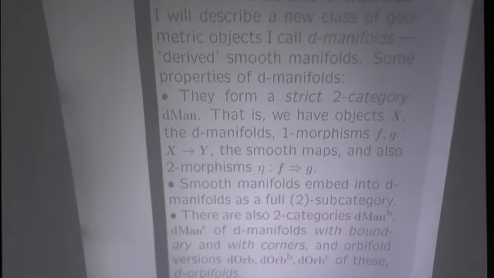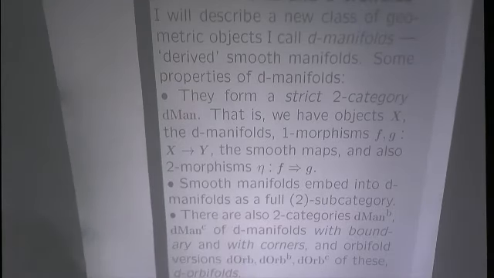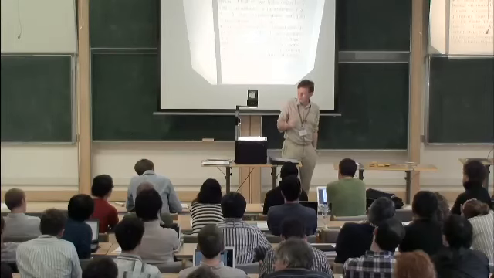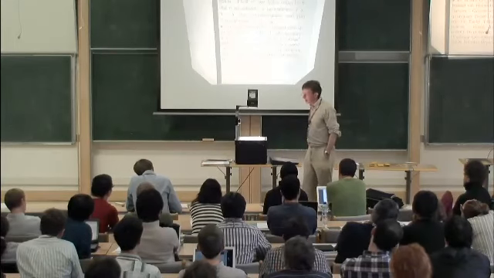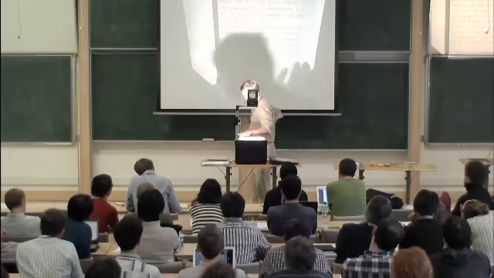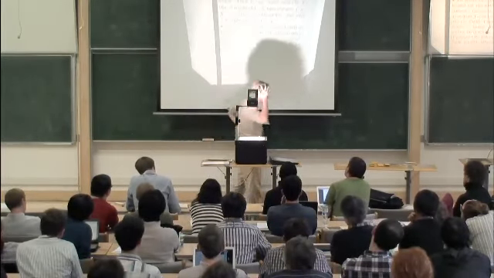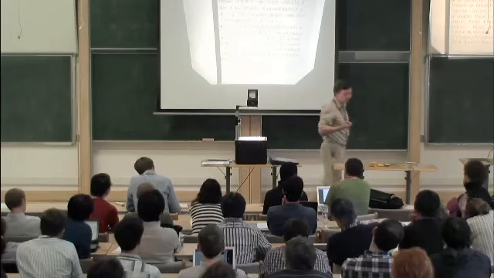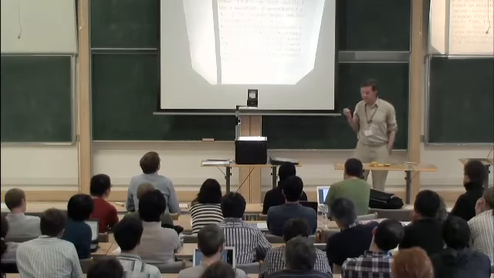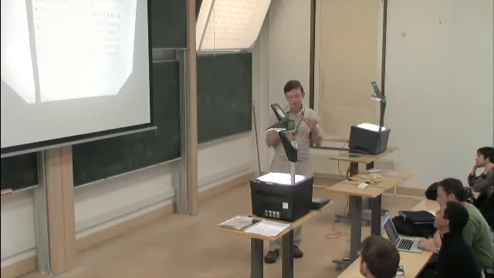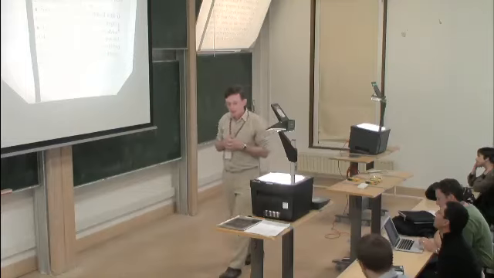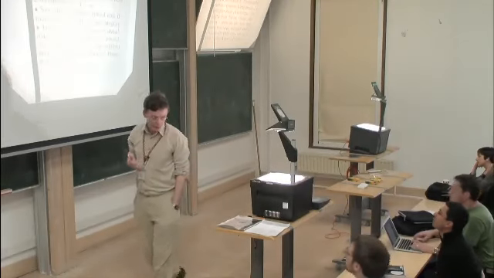Thirdly, you can do all of this with boundary or with corners, and we can also do all of this for orbifolds. So we have D-manifolds with boundary, D-manifolds with corners, D-orbifolds with boundary and with corners. You wouldn't believe how much trouble sorting out the issues involved with corners has been. But the corners versions of the theories are important in symplectic geometry, particularly for things like Lagrangian Floer cohomology.